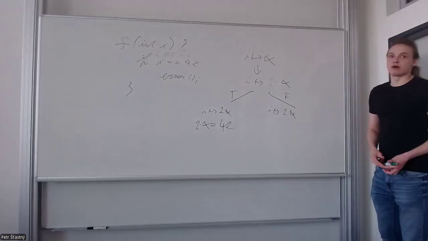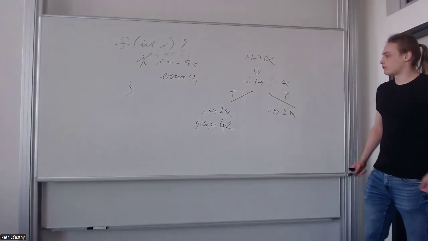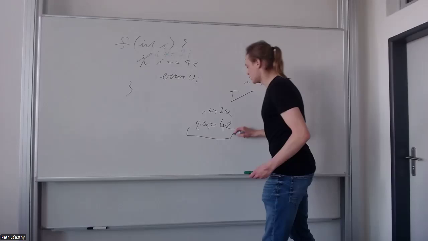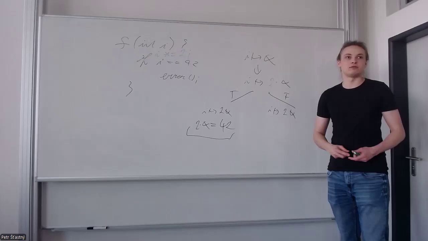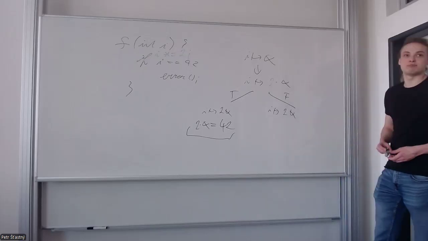When we encounter such a branch, we will have a set of these conditions that essentially represent how we traverse through the program and all the branches that we hit and all the paths we took.